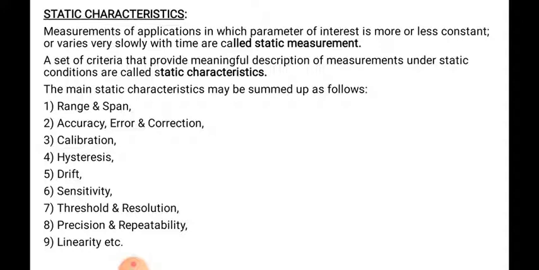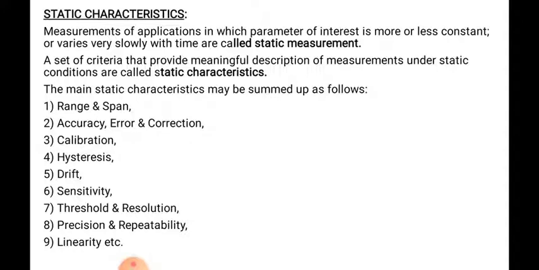So first, static characteristics: the measurement applications in which the parameter of interest is more or less constant or varies very slowly with time. Any parameter we are measuring, in that case the output of the instrument is more or less constant or varies very slowly with time, meaning the instrument is showing the output very slowly.